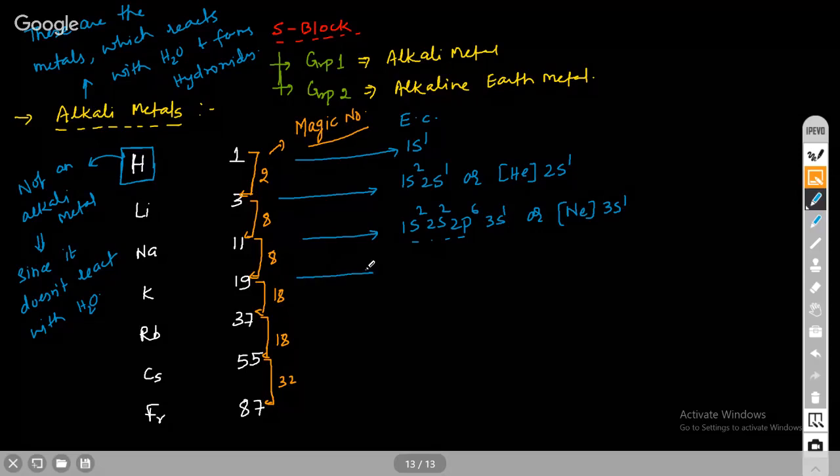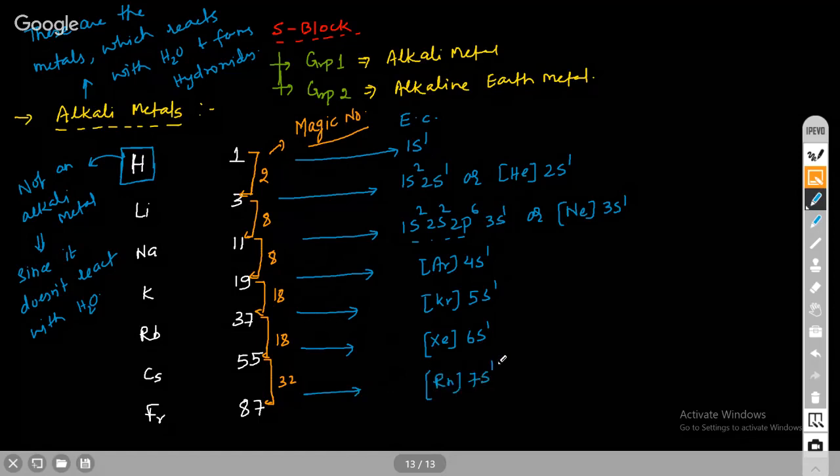Similarly, when you write down the electronic configuration of potassium, helium, neon, then we get argon 4s1, krypton 5s1, xenon 6s1, and in the last we have radon 7s1.